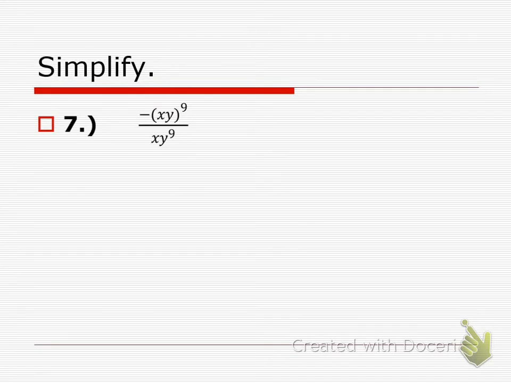All right, number 7 gets a little interesting. We need to simplify this. An exponent outside of parentheses. How do we handle that? It belongs to what?